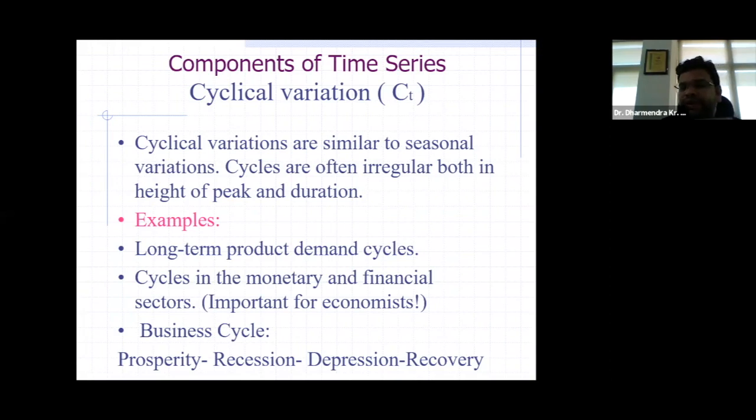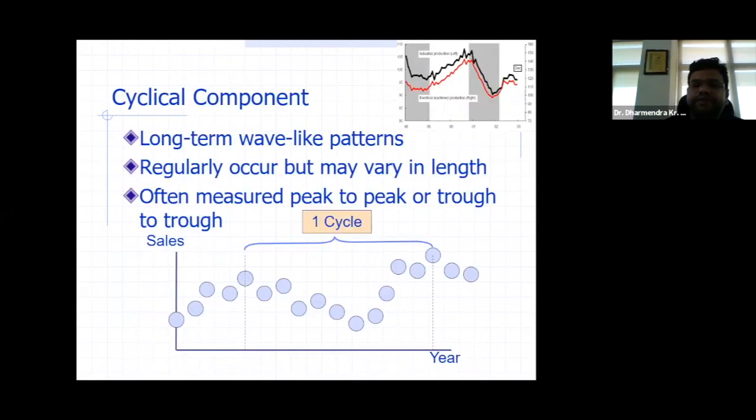So this cycle will continue. This is called cyclic variation, like long-term wave-like patterns. They occur regularly but may vary in length, often measured peak to peak or trough to trough, like this one, from one peak to another peak. This is called one cycle.